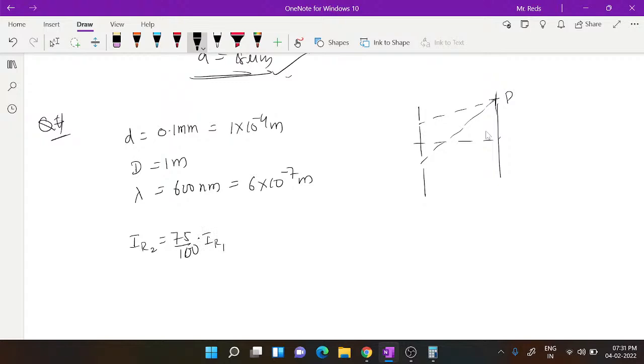Let us say this is IR1 and this is IR2. IR1 will be 4 I naught. IR2 is equal to 3 I naught.